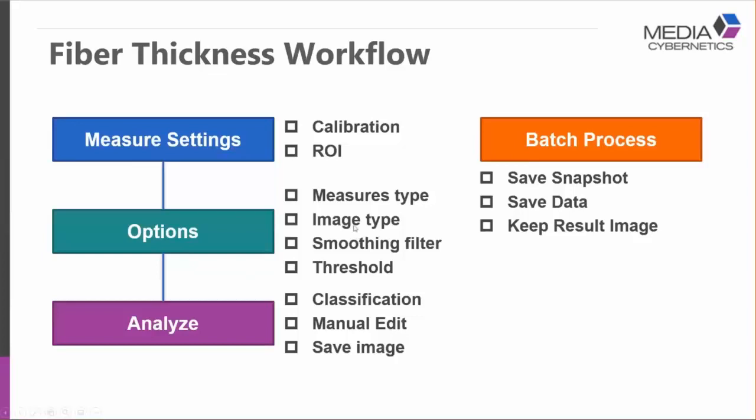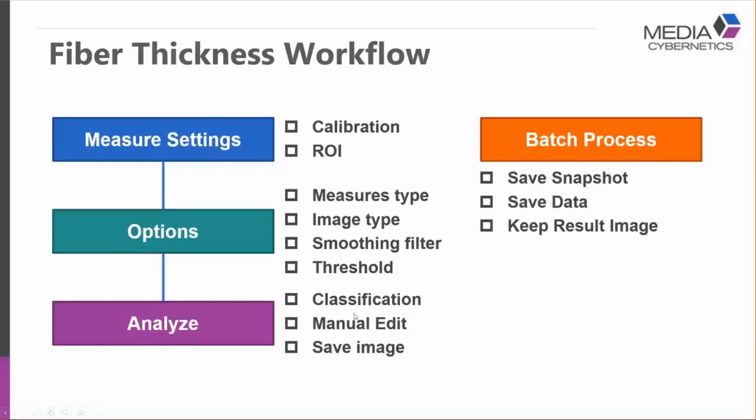Options. This is where we're picking up and identifying our fibers. And we'll go through this in more detail. But really, it's the type of input of the image, what measurements do you want to make, how you are thresholding it, and there's some options, depending upon the noise in the image, how much background, how much unevenness, that you can set. And finally, there's tools for doing manual editing. Sometimes this is very important.